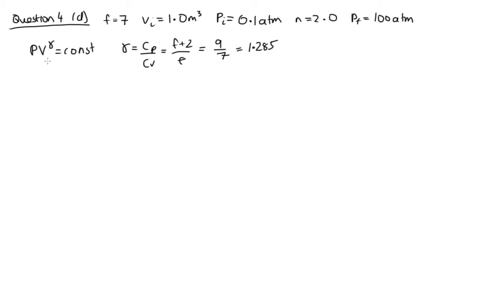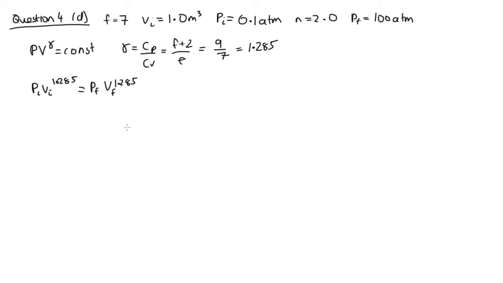So from this, we will be able to calculate the final volume. Once we know the final volume, we can then calculate the final temperature. So we have P initial, V initial to the 1.285 is equal to P final, V final to the 1.285.